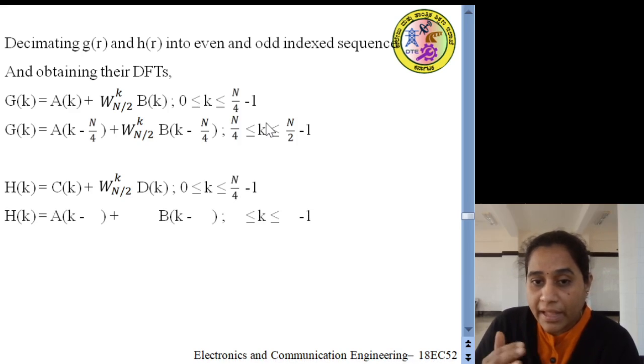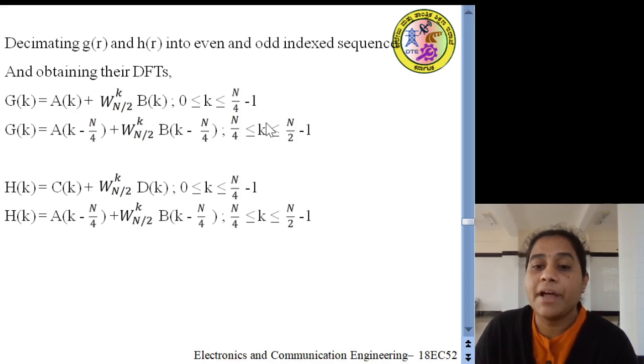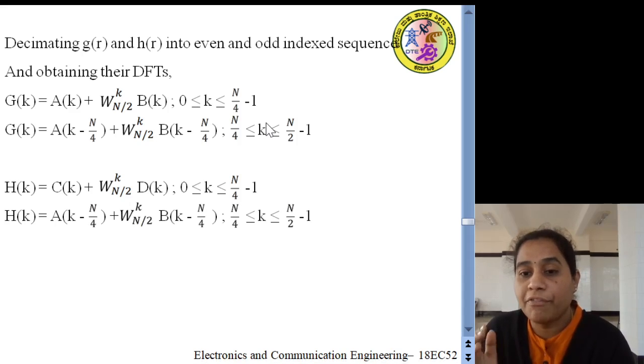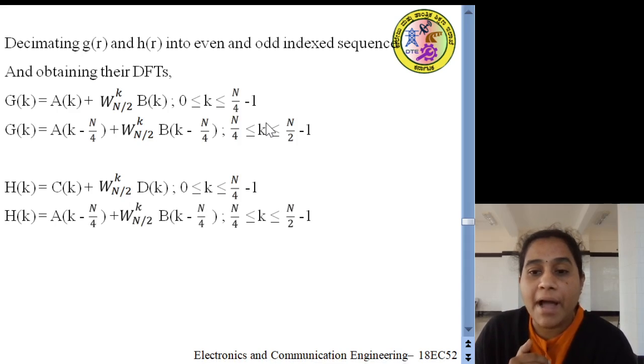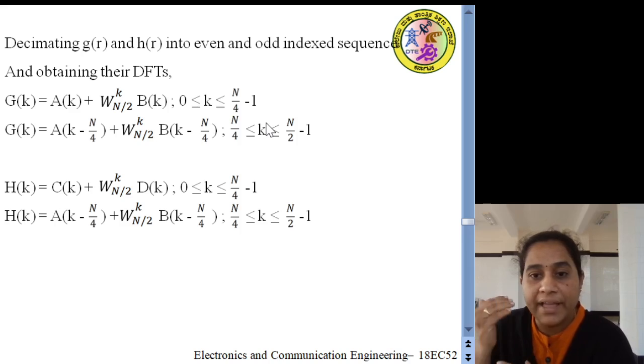Similarly, h of k is equal to a of k minus n by 4 plus w n by 2 raised to the power k into b of k minus n by 4. Here k varies from n by 4 to n by 2 minus 1.